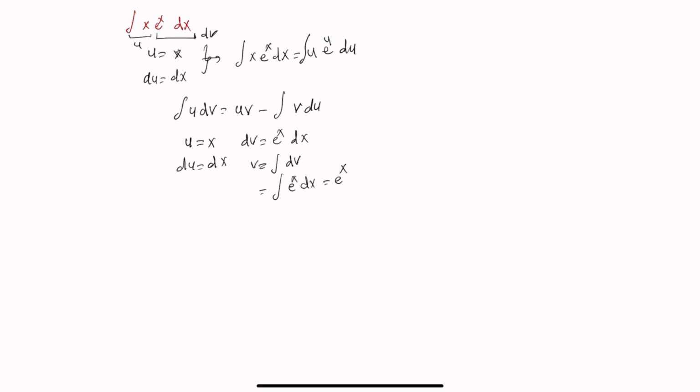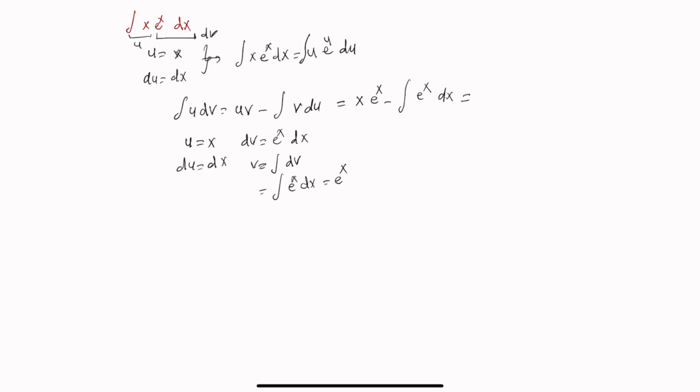So now let's use the integration by parts formula. This is going to be equal to u, which is x, times v, which is e to the x, then minus the integral of v, which is e to the x, and du, which is dx. For the next step, I'm going to solve this integral.